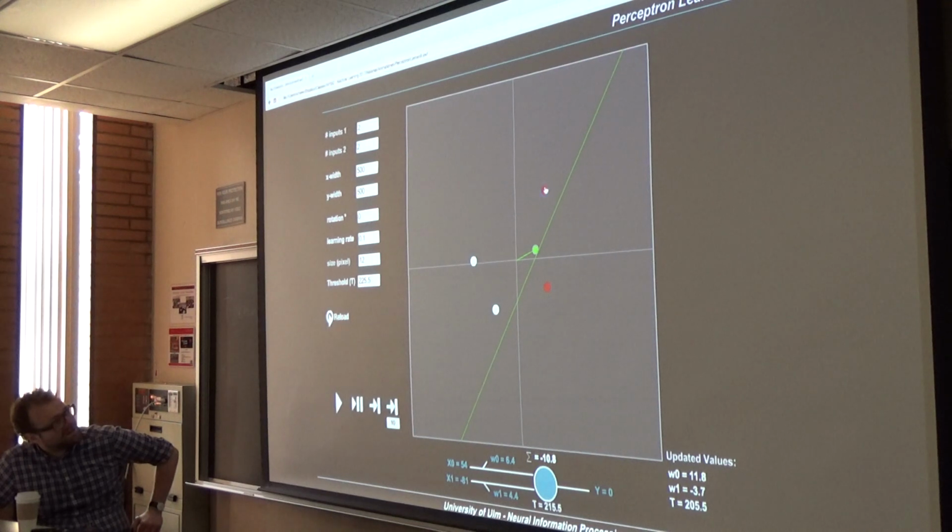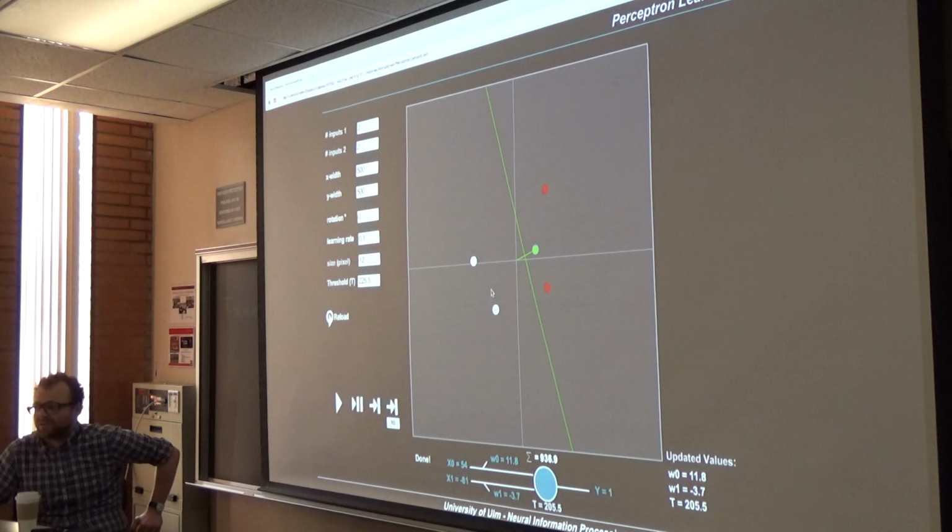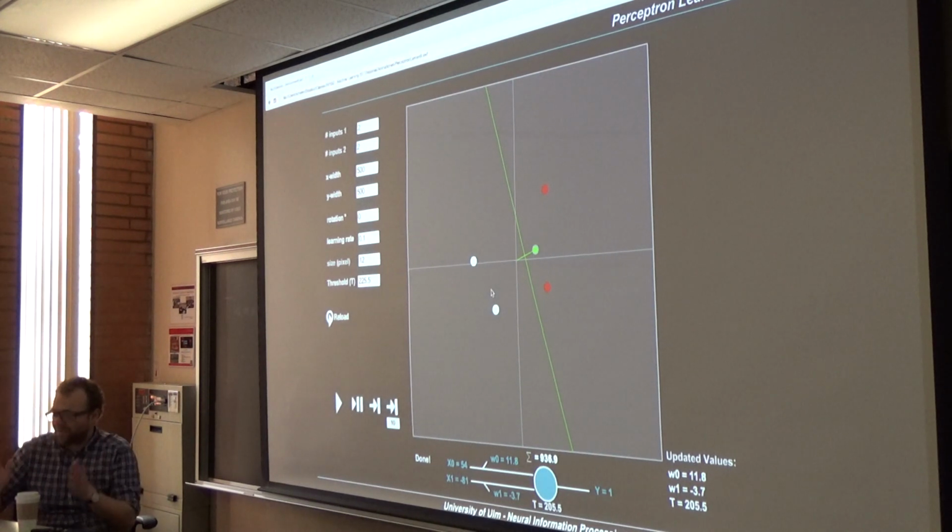Then we look at this data point. We make a mistake because it's not on the right side of the separation, so we update the vector again to turn it around. Now we look at all the data points iteratively, and nothing had to be updated because there was no error made.